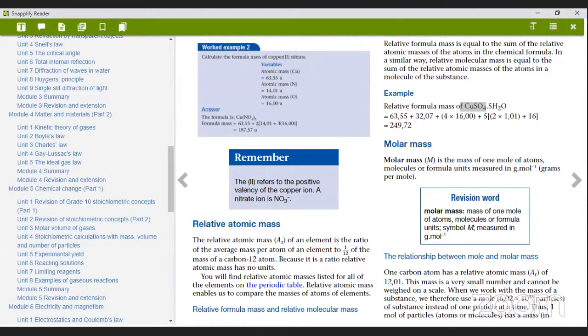The atomic mass, you see that variables. Calculate the formula mass of copper(II) nitrate. The atomic mass is a number that you'll find with a lot of decimals on the sides, and that part is what we call atomic mass, and you're going to use it throughout your chemistry because it'll always be required.